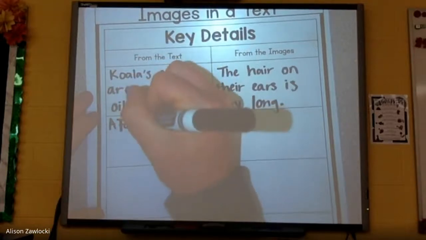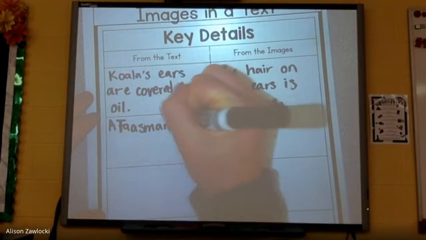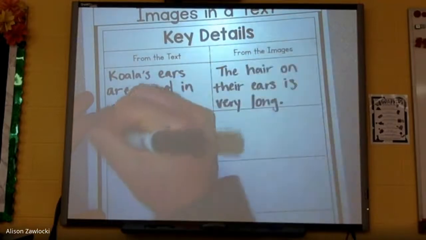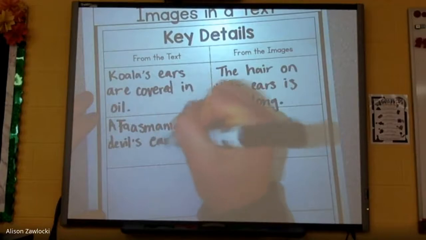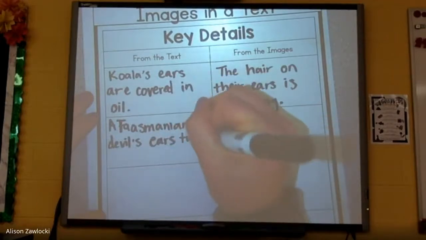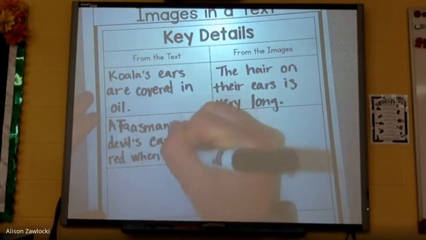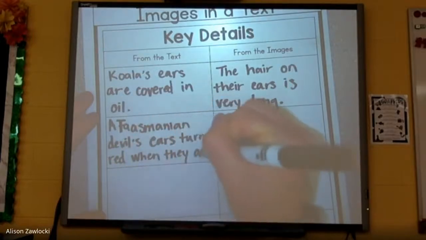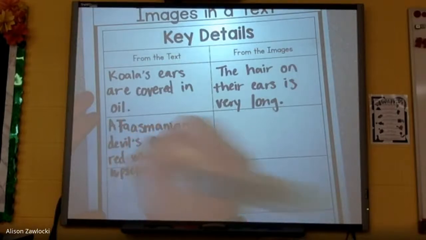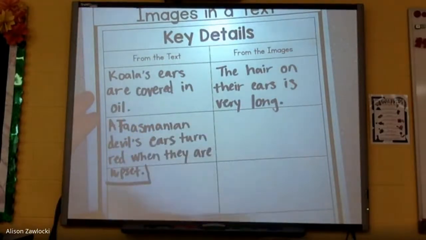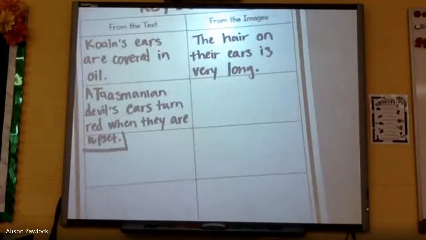A Tasmanian devil's ears turn red when they are upset. And I don't have enough room in this box, so I'm just going to draw a box around this to know that it goes up here. So a Tasmanian devil's ears turn red when they are upset.